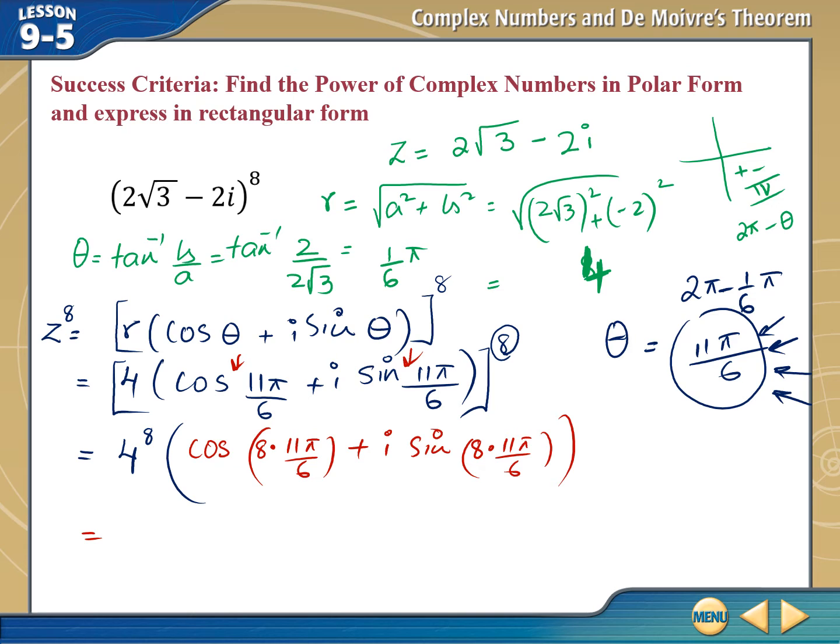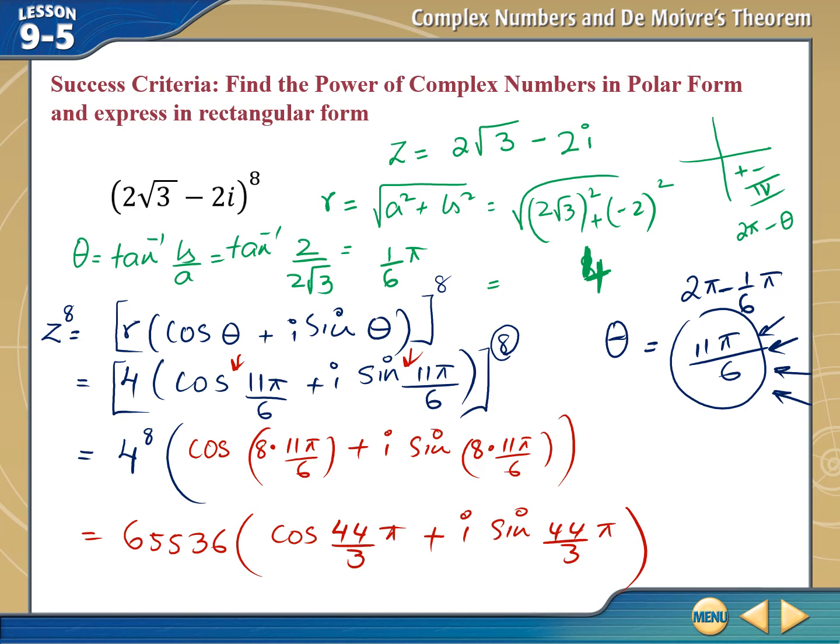Now check in the calculator what 4 to the power of 8 equals. This is equal to 65536. Now check what our angle equals. Make it in the calculator, 8 multiplied by 11 pi over 6, and it will give us 44 over 3 pi, and the same thing over here, iota sine 44 over 3 pi.